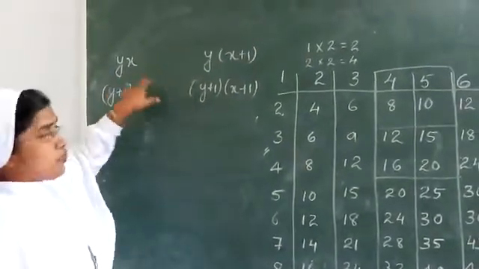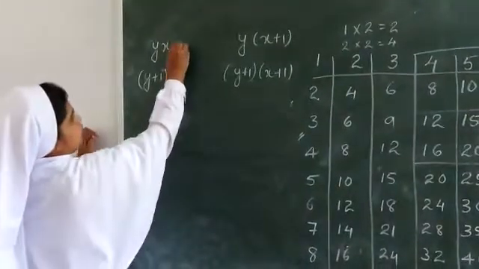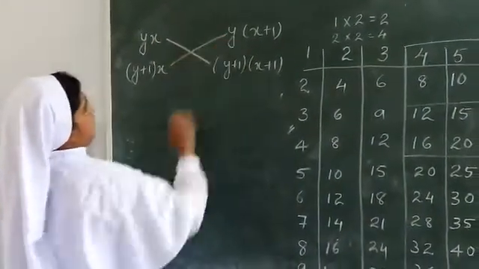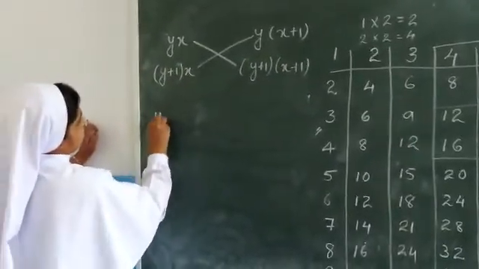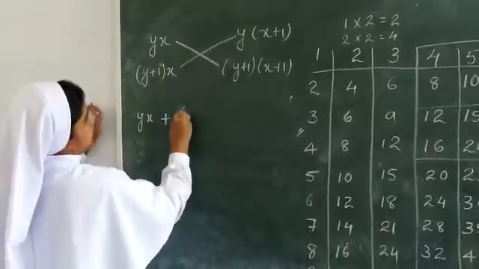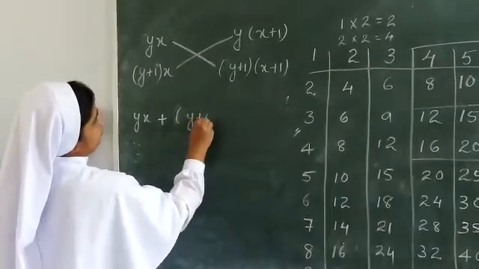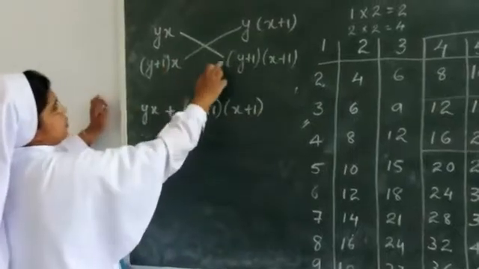Why I wrote only this: 4 is the square of 4 numbers. Now here I have to add. See, yx plus, here whatever we have, you have to see y plus 1 into x plus 1. Okay, first let us do this one.